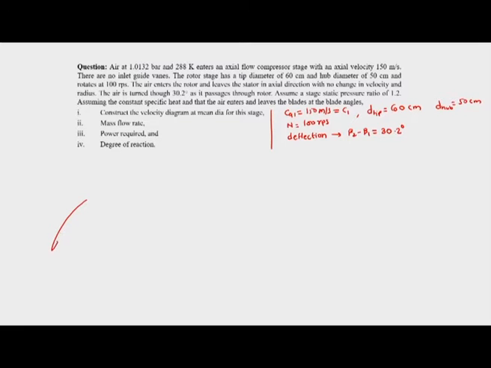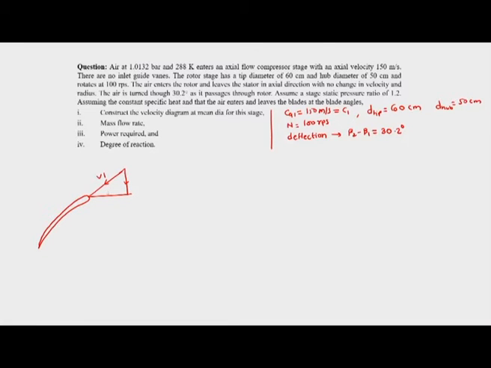So we know that this is the blade. For the blade we have V1, and then we have U1, and then we have C1.